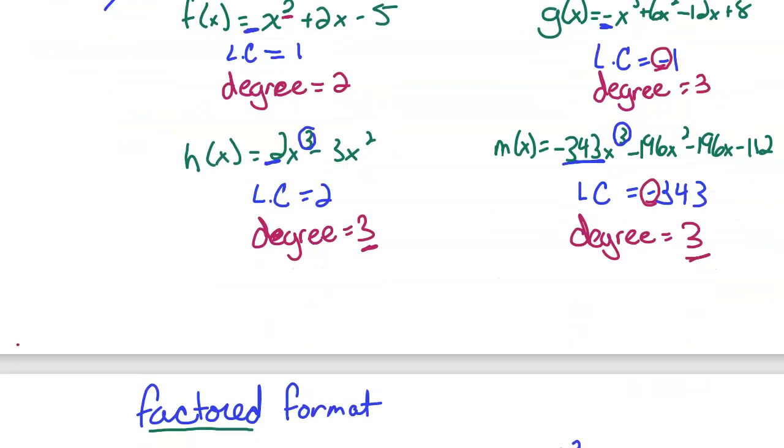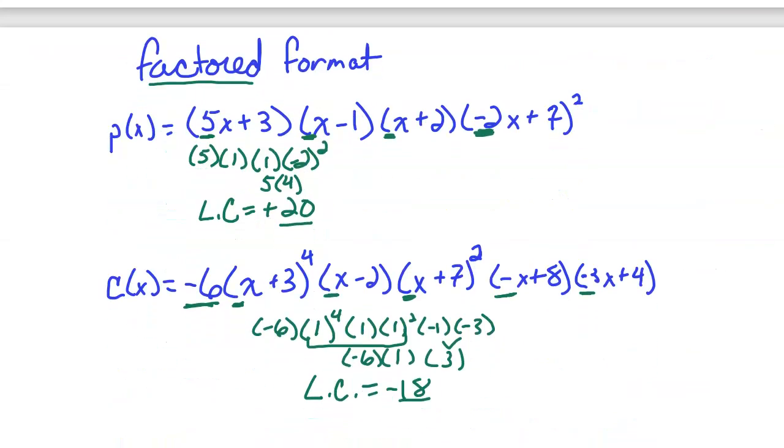But let's look at what happens in factored format for the degree. So when you're looking at the degree, wherever it's in factored format, think about the fact that we've got to multiply all of these things together to get it into that standard format we were discussing in the previous page.